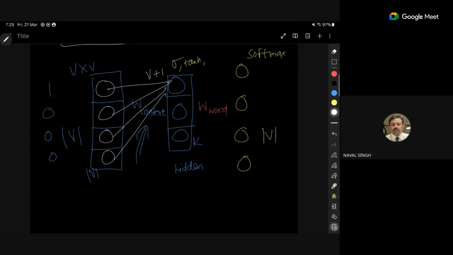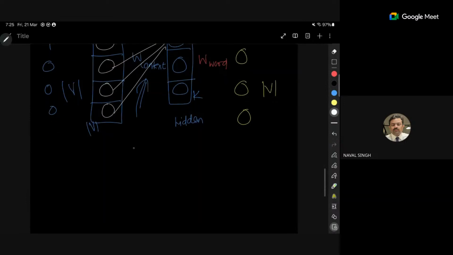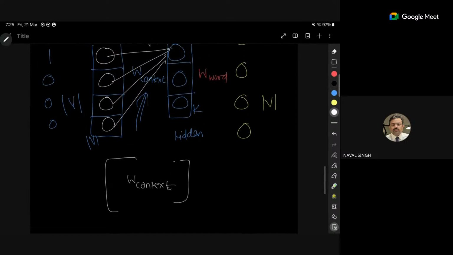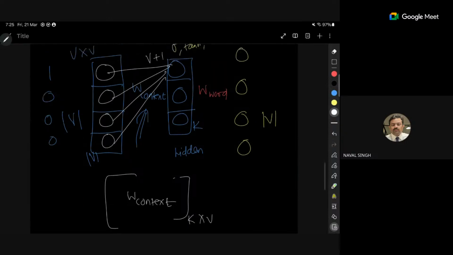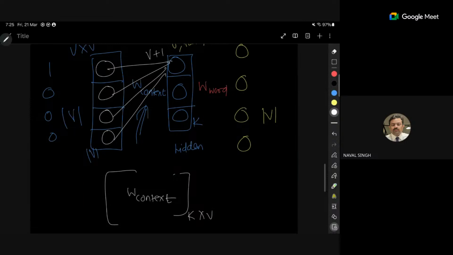So how many elements are going to be in the W context matrix? What is the size of it? What do you expect the size to be? K, because there are K neurons, so K cross V. Okay. And what is the size of W word you are expecting?